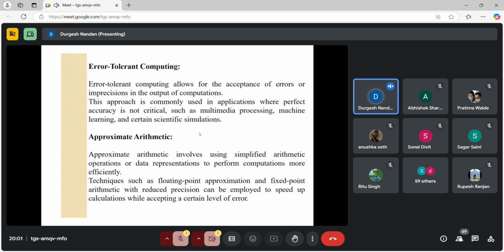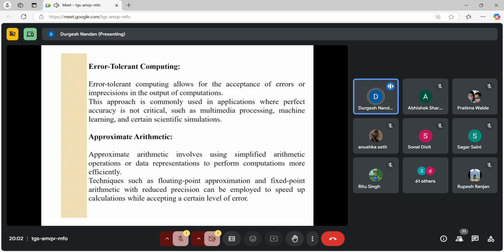In such places, error tolerant computing is used, where we use hardware whose power and area requirements are minimum, but at the same time it can provide high performance.